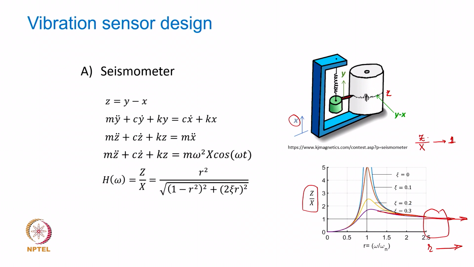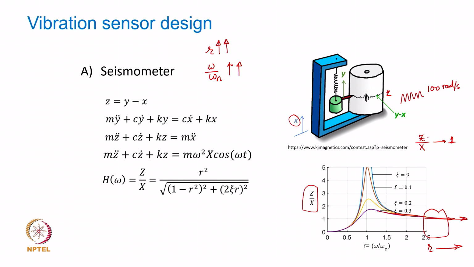Now, what does that imply? It means that r should be as high as possible, which actually means that omega over omega n should be as large as possible. What does that mean? Supposing the excitation to this sensor is, let us say, 100 radians per second.